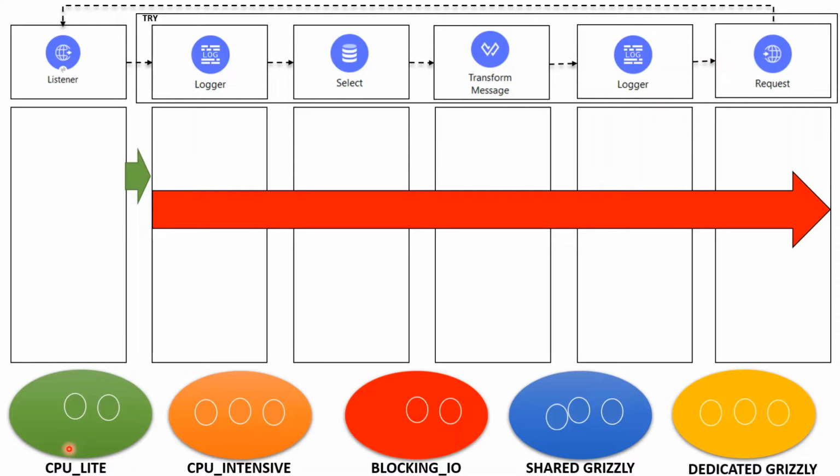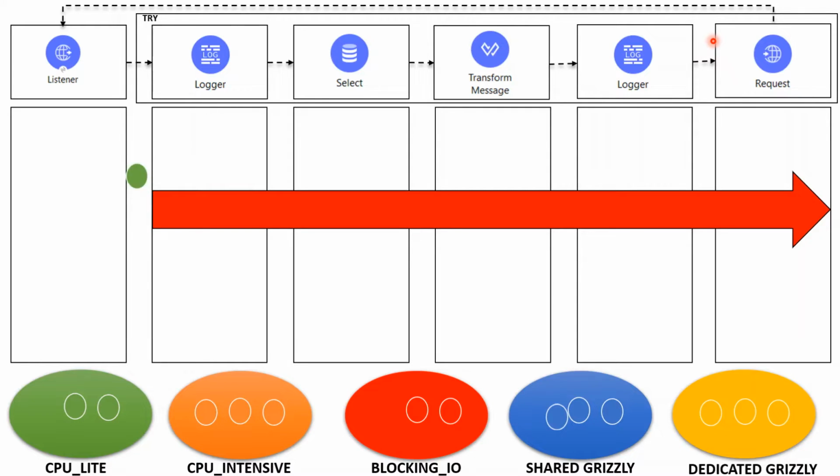In case of a transaction, only a blocking IO will do the task present in the transaction. The only thing that is done by another thread is the handover from the listener to the try scope. That is done by the CPU light. Then, since this is an HTTP request, the coming response will be handled by a dedicated Grizzly.